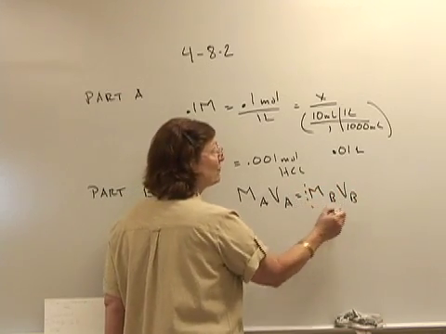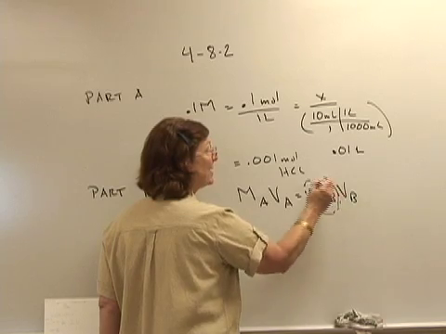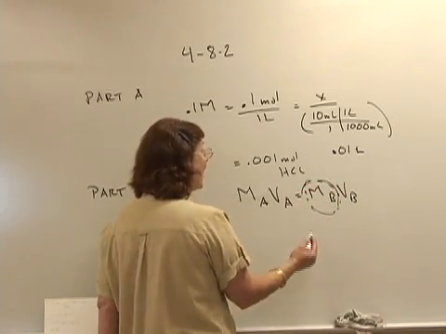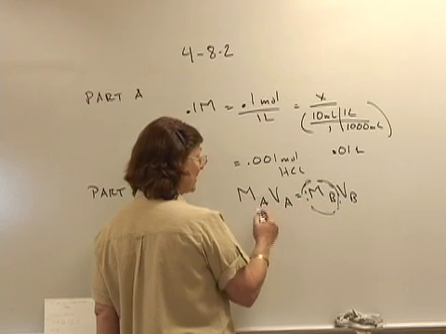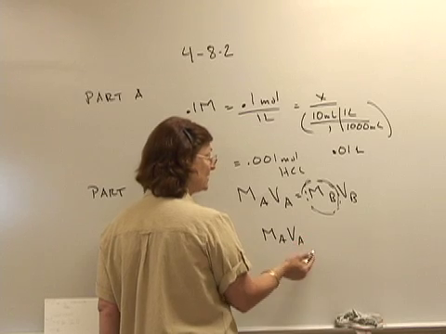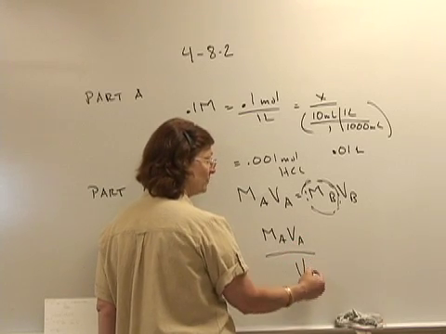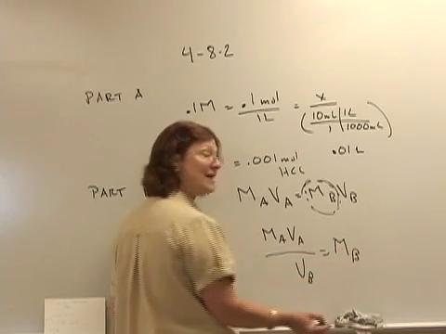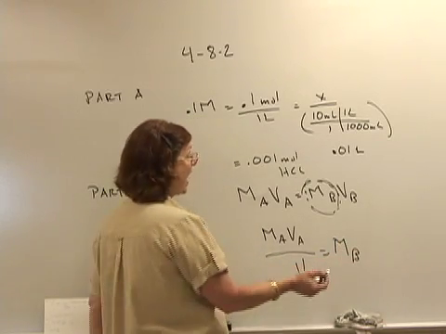And what we're looking for is this molarity of the base. And you know, it's always good to rearrange the equation. And therefore, the molarity of the base equals the molarity of the acid times the volume of the acid divided by the volume of the base. That will give me the molarity of the base.